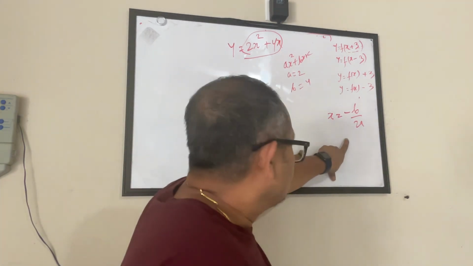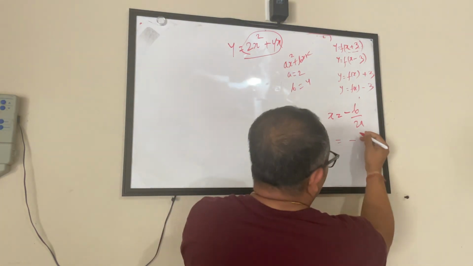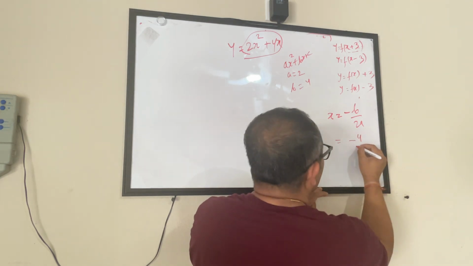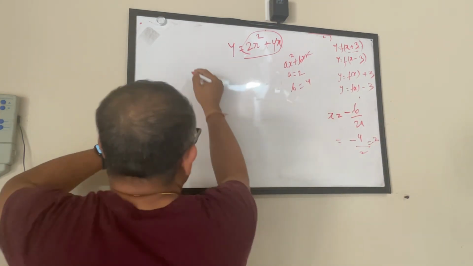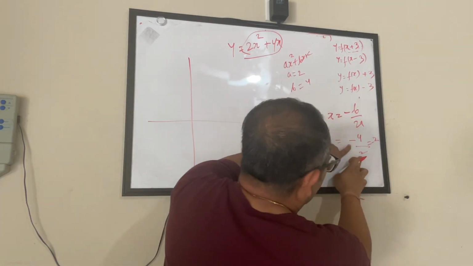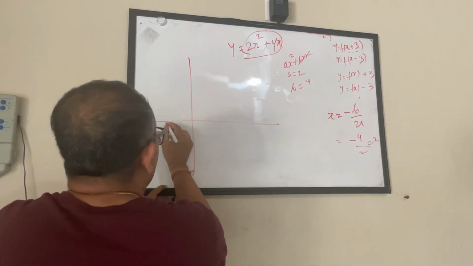Okay. So what is my x coordinate of the vertex? It is minus 4 by 2. That is minus 2. That means this is my parabola, and the x coordinate of the vertex is minus 2, meaning it's somewhere here.